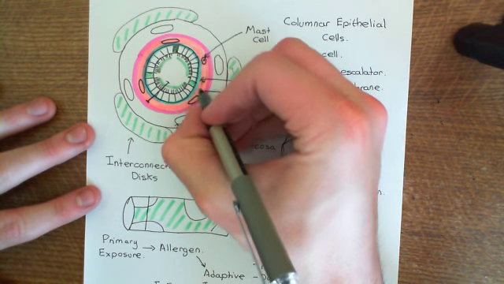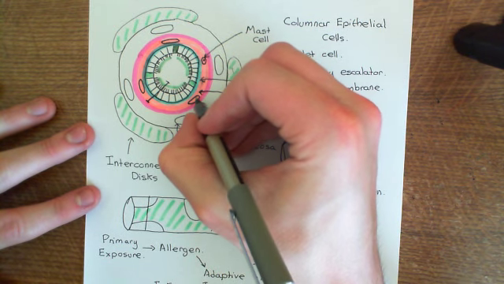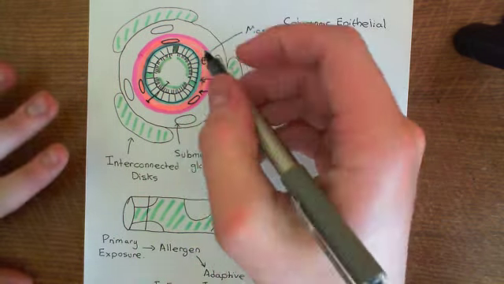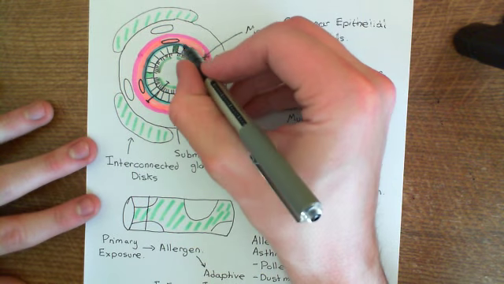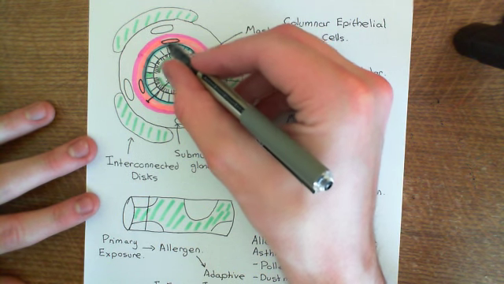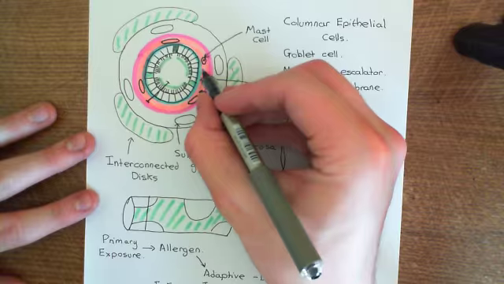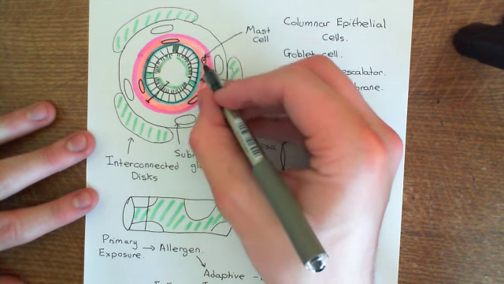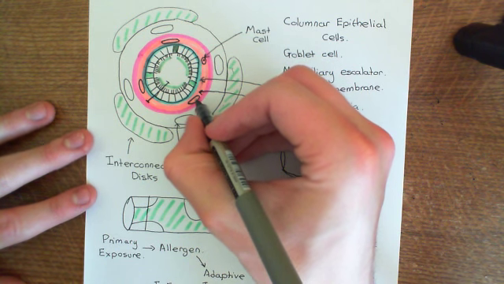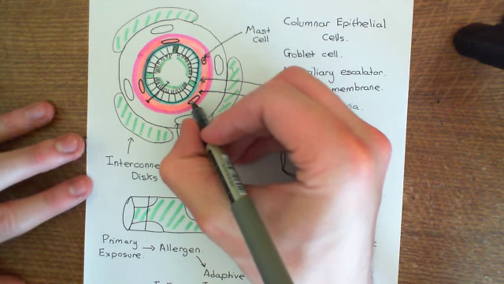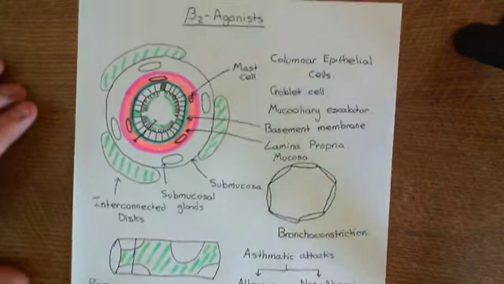They're going to diffuse to the endothelial cells of the blood vessels in the lamina propria. Okay, so forget the epithelial cells, sorry about that, getting a little carried away. They're going to cause the inflammatory response in these blood vessels. So remember, in the lamina propria you have these blood vessels, and certain of these pro-inflammatory mediators will diffuse over to the blood vessels and will act on the endothelial cells of those blood vessels.